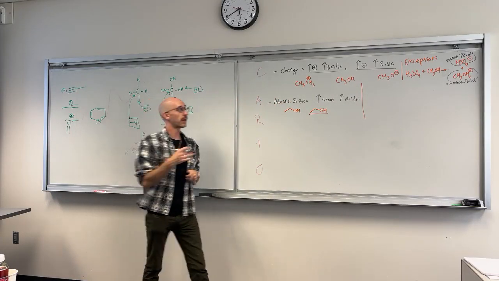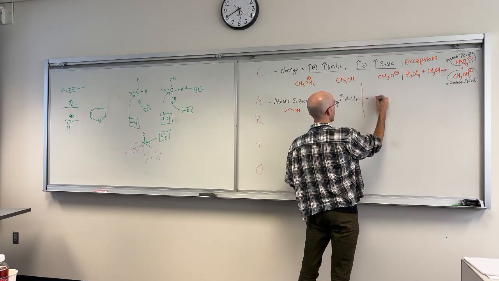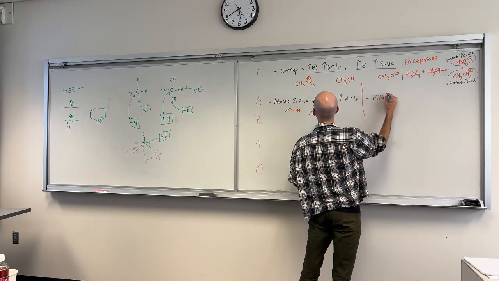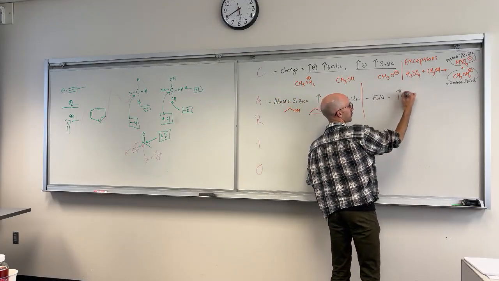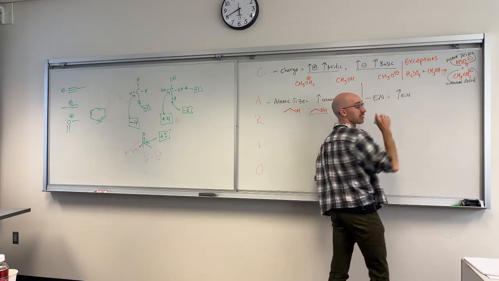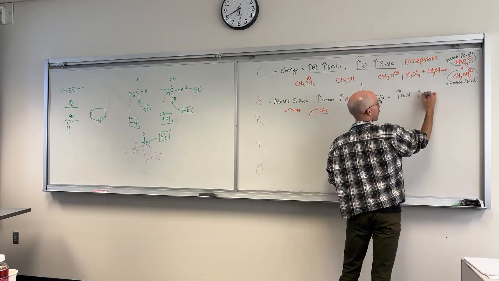We can also compare within a row. And this is electronegativity, which is to say more electronegative in a row, more acidic.